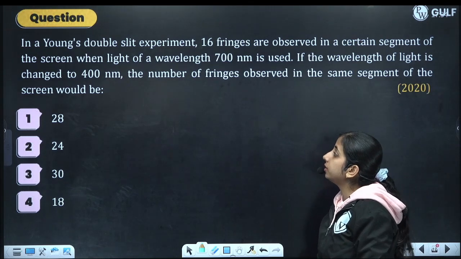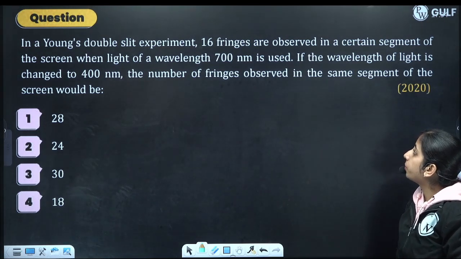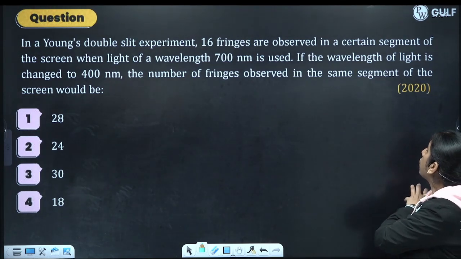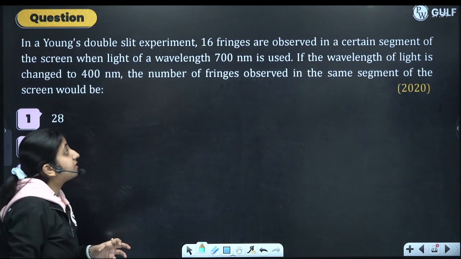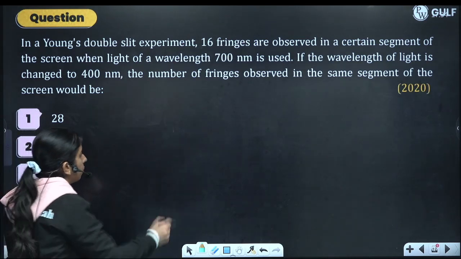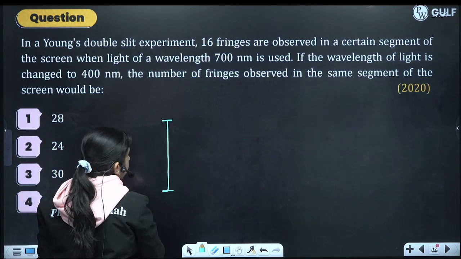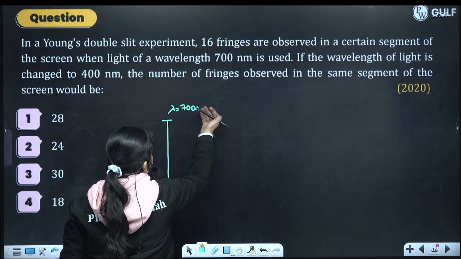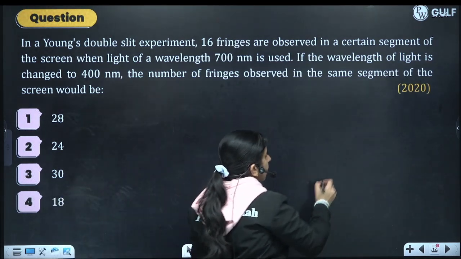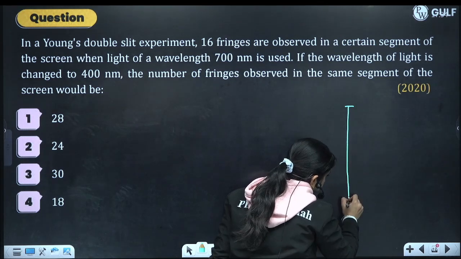See next question. In a Young's double slit experiment, 16 fringes are observed in a certain segment of the screen when light of wavelength 700 nanometer is used. So we have this much length only.